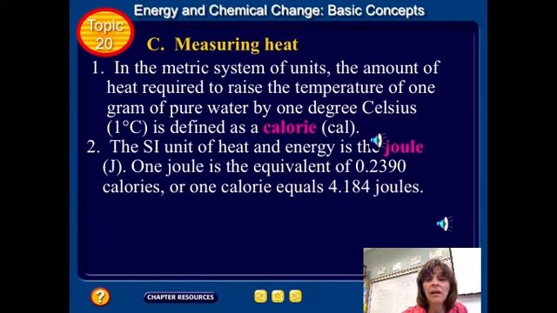In the chemistry class, we typically use the energy unit of joules. And a joule is equivalent to 0.2390 calories, or easier to use is that 1 calorie equals 4.184 joules. So that 4.184 joules is how much energy it takes also for 1 gram of water to raise 1 degree Celsius.